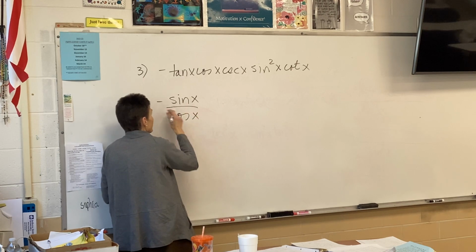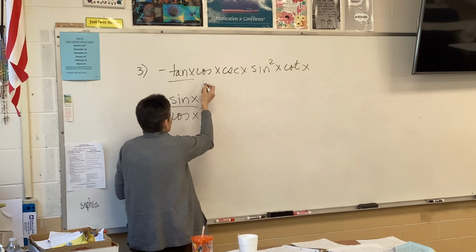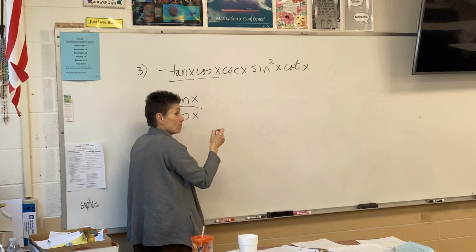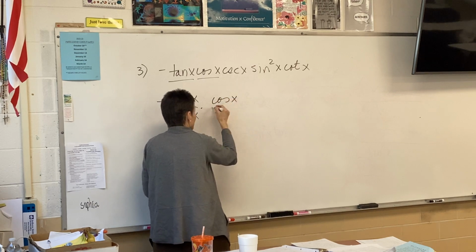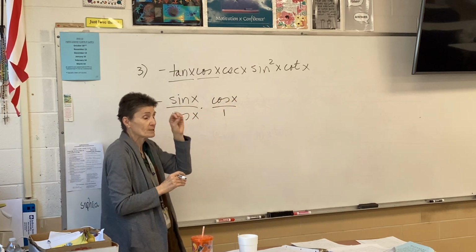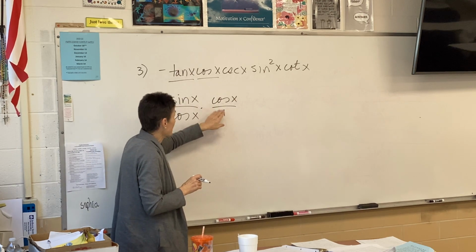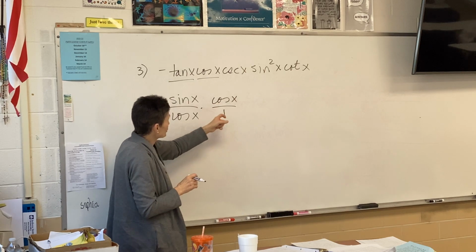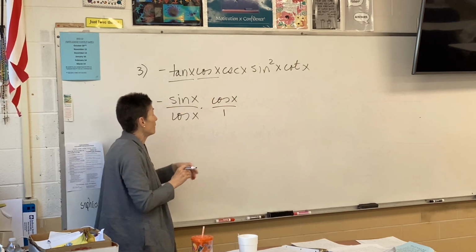It doesn't change anything, just stays negative. Now the next term is a plain cosine. Don't change him. We're changing all of the weird functions into sines and cosines. So cosine just stays cosine. And since that's a fraction, I went ahead and made that over 1 to keep everything kind of lined up.